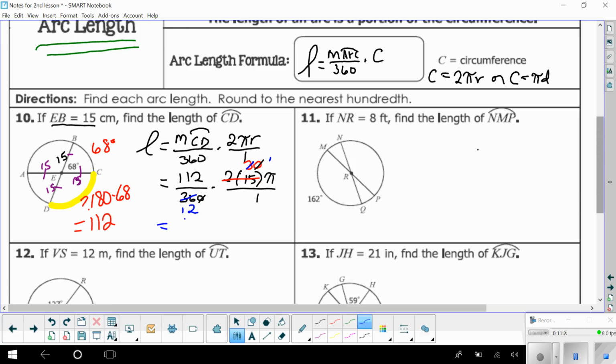So now I have 112 pi over 12, which approximately gives me 29.32 centimeters.